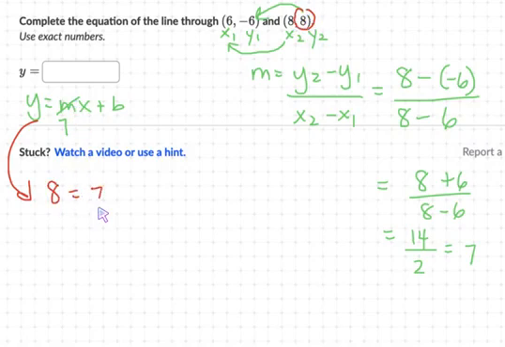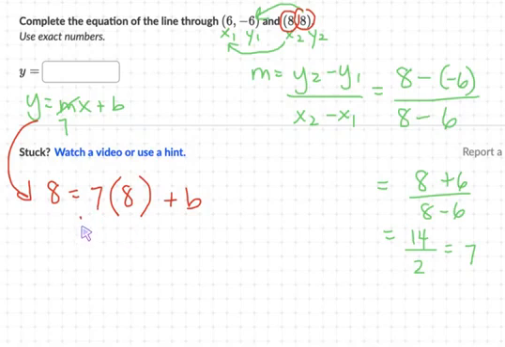Instead of m, we're putting down 7 because we found that from the slope formula. Multiplied, so I'm going to put in my parentheses to remember it's multiplication, multiplied by my x value of that same coordinate pair is also 8, plus b. b I do not know, that's what I'm solving for. So again, I took my slope from all that work here with the slope formula, and I took my 8 and 8 from one coordinate pair to get there.